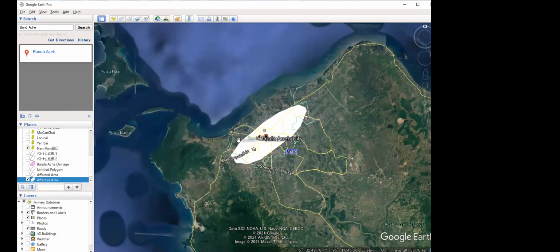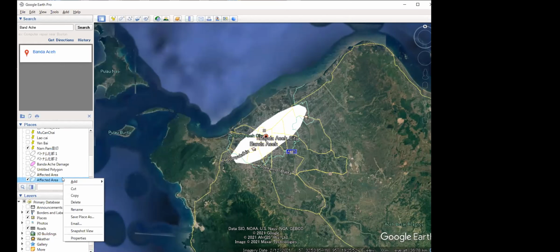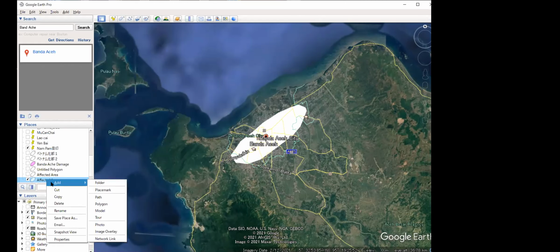So if you would like to modify this polygon, please right click on the polygon name and go to the profile.